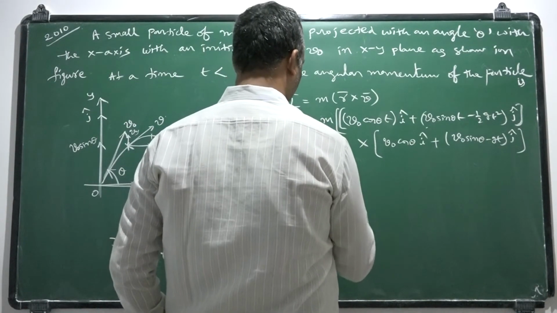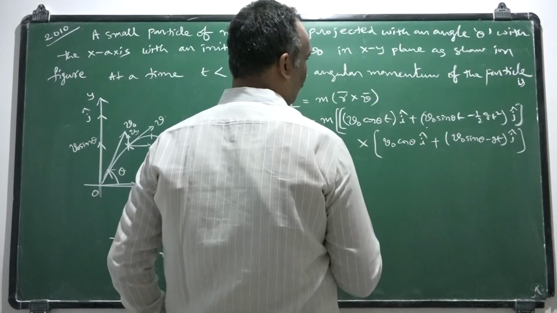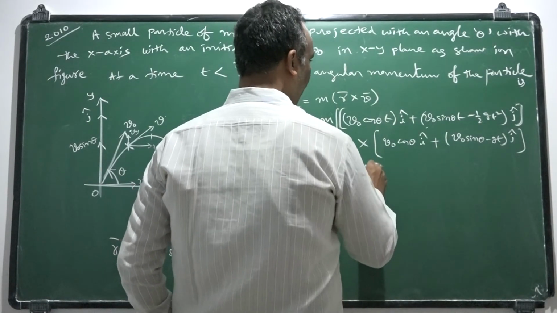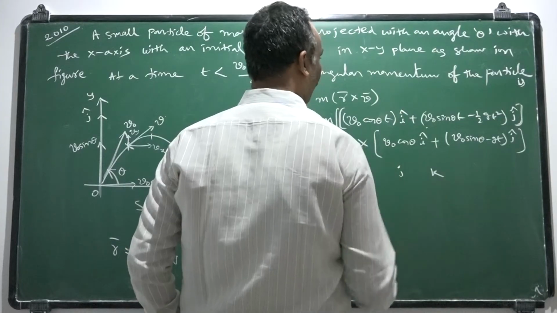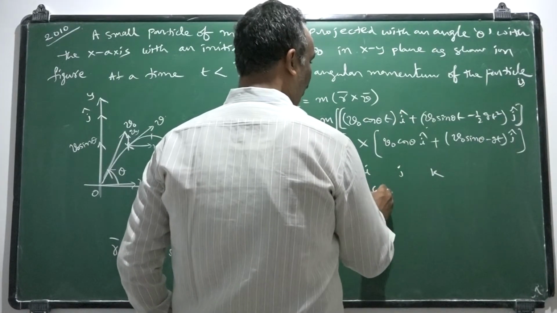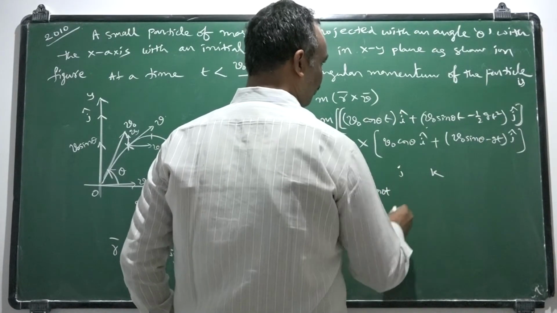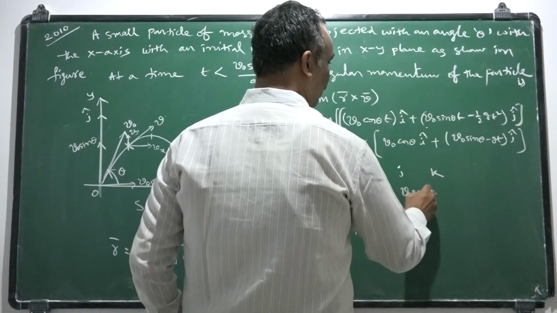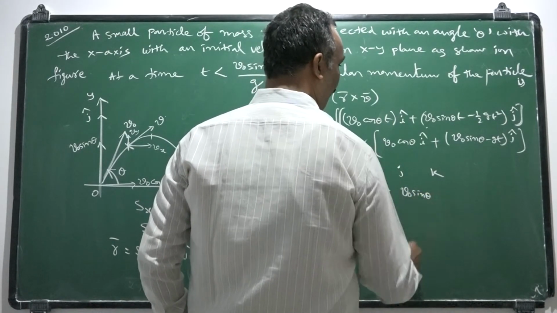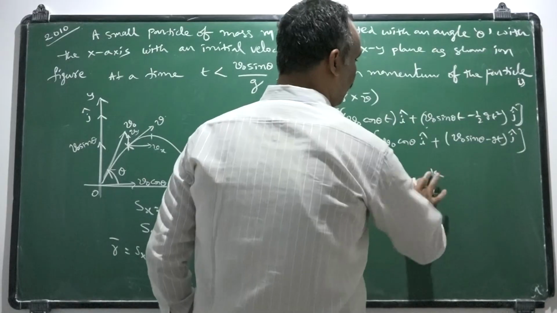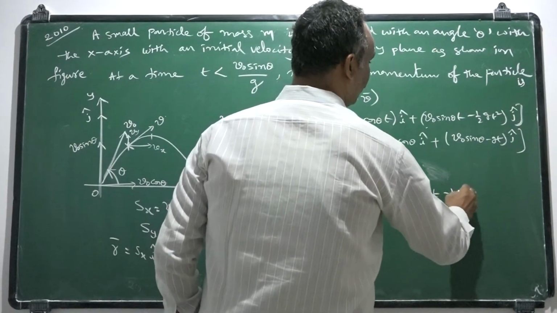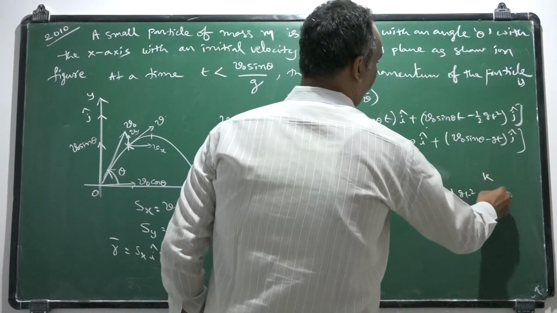So L bar is equal to m into the cross product, meaning the determinant of i, j, k. The first row is v naught cos theta t, v naught sin theta t minus half g t square, and the k component is 0.